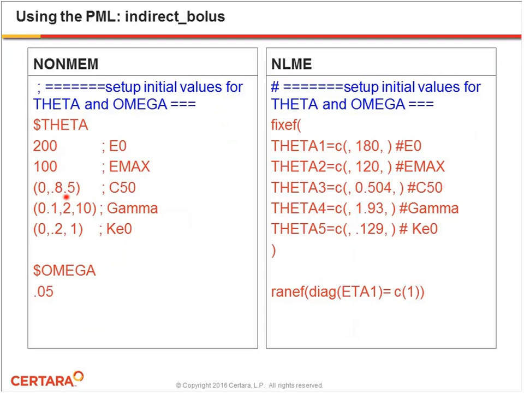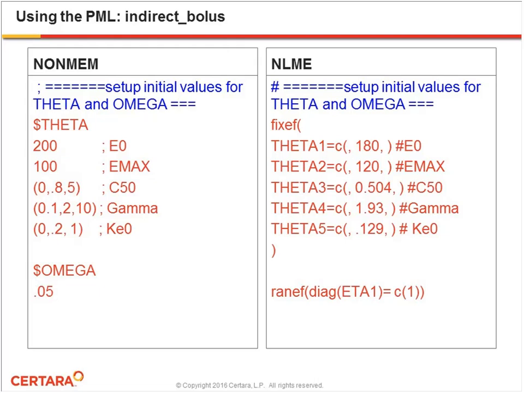So in this parentheses are enclosed first the lower boundary for this estimate, second argument is the initial estimate, and third argument is the upper boundary. So this is for C50. Similar 0.1, 2, and 10 for gamma, and 0.2 and 1 for KE0. We only have one random effect, so the omega shows one initial value, 0.05.